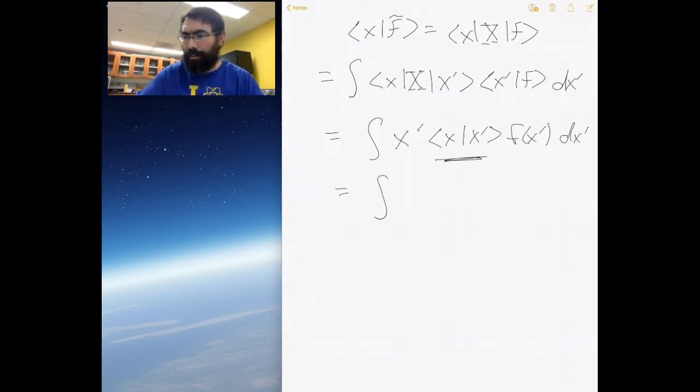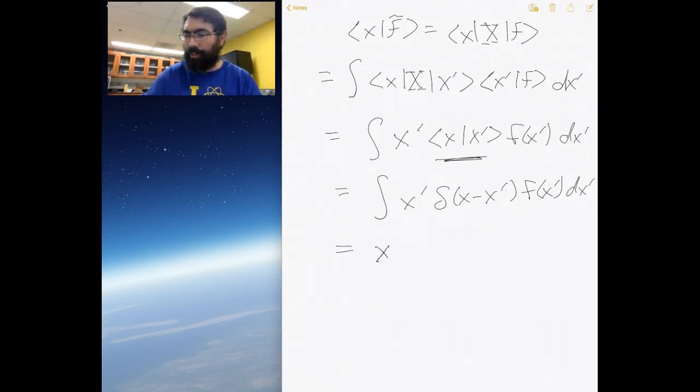So I get X prime times the delta function of X minus X prime, times the function F of X prime, dx prime. And now integrating this just changes the X primes into X's.